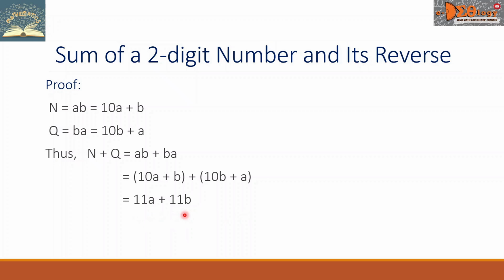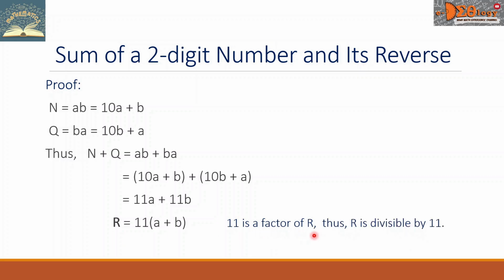Here, we can see that 11 is common to both terms. We can factor it out. So we will have 11 times the quantity A plus B. This is now the new number, and that is R. We see here that 11 is a factor of R. Thus, R is divisible by 11.